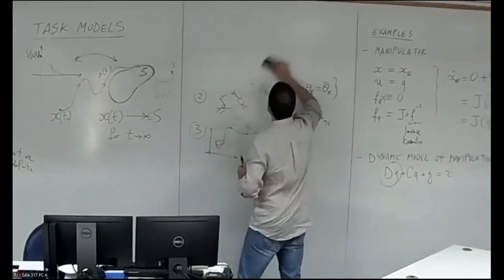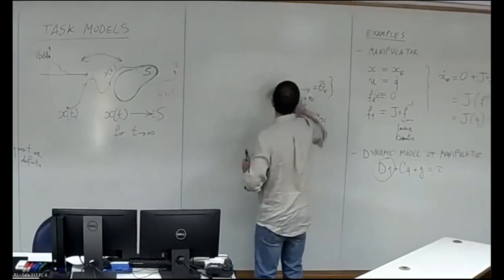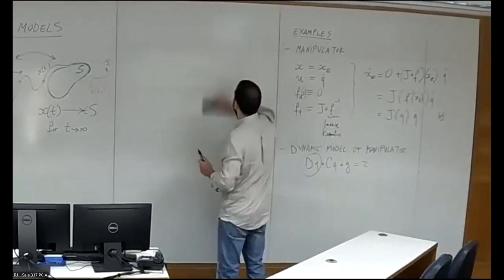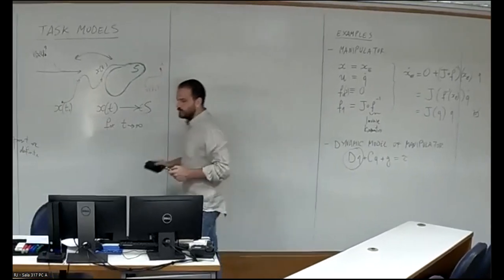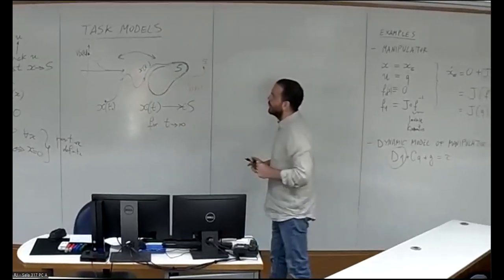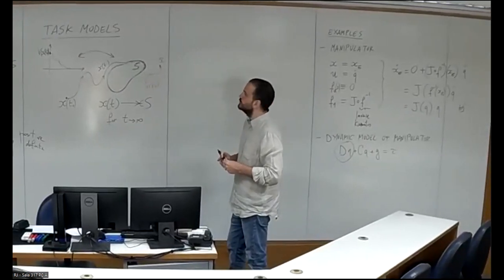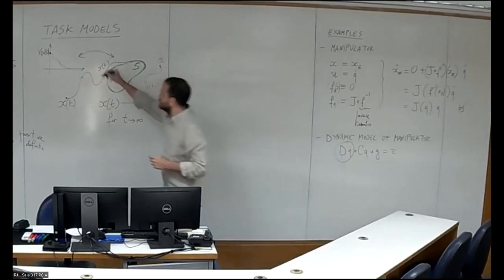How do we do that? How do we make sure that V goes to 0?